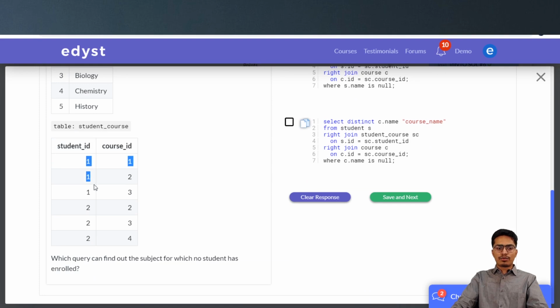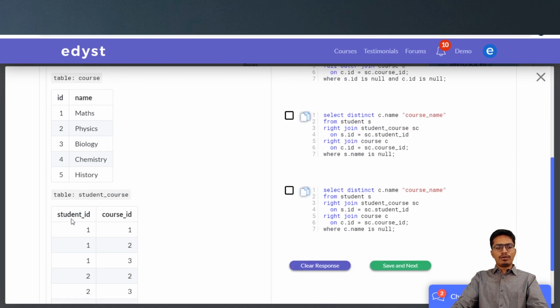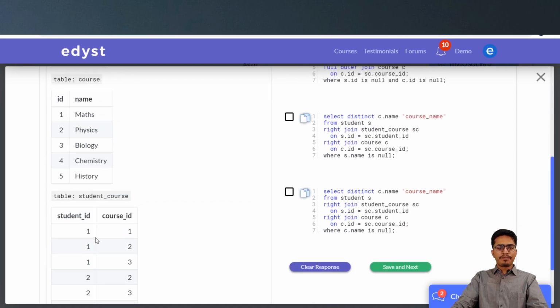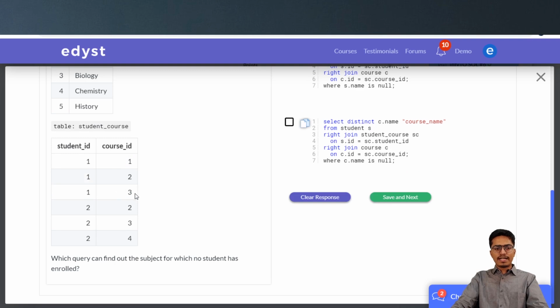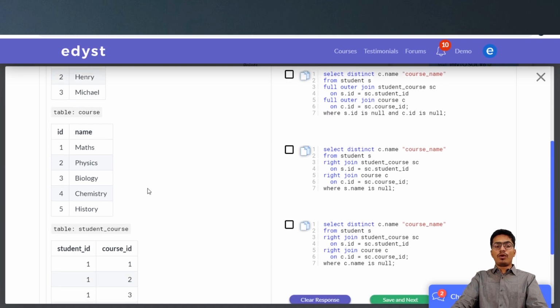Only the rows that satisfy student ID equal to student dot ID are going to get included, and only those courses that can match in a table here are going to get included. If you want to find those courses that have no students, then effectively what you're trying to look for is some sort of a right join.